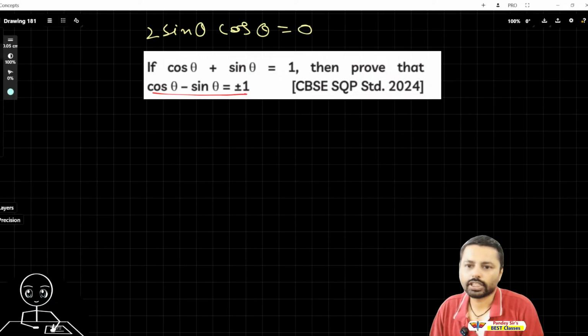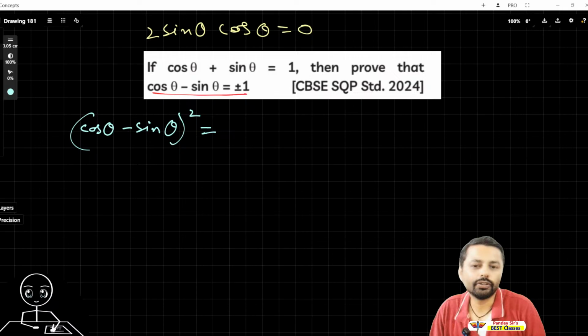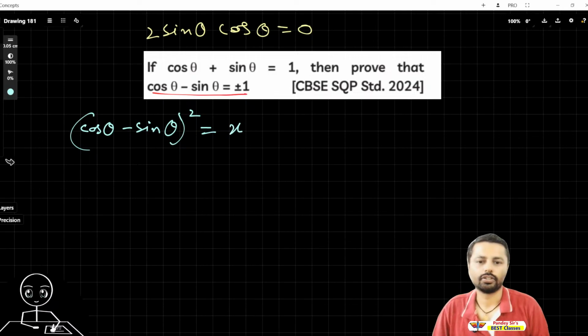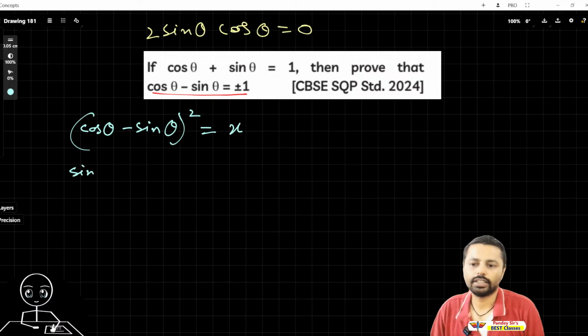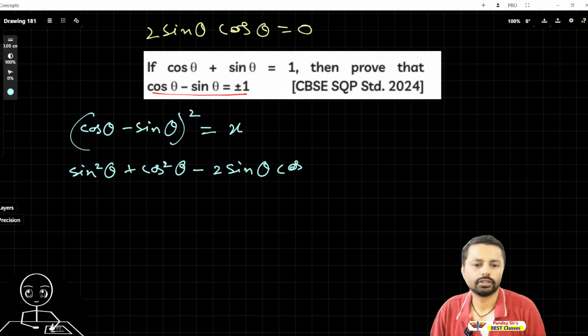Let's square both sides. So cos theta minus sin theta whole square equal to, we don't know, so let's say x square, or just x for now. So we get sin square theta plus cos square theta minus 2 sin theta cos theta equal to x square.